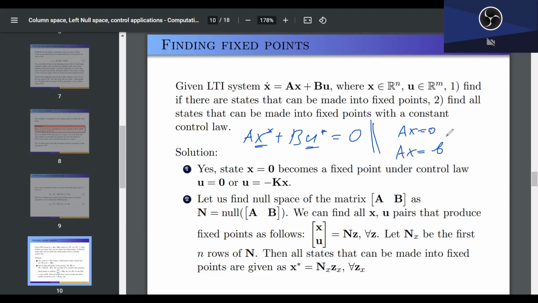Here the particular solution would be given as x equal to a pseudo-inverse times 0, which is 0, since any matrix times 0 is 0. Whether a particular solution is needed depends on what you have after the equality sign. Here it is 0, so there are no particular solutions.